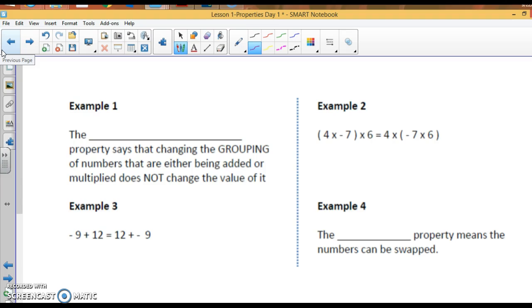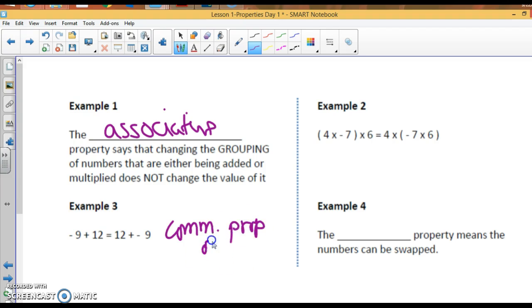The blank property says that changing the grouping of numbers that are either being added or multiplied does not change the value. That's the associative property. -9 plus 12 equals 12 plus -9. What changed from the left side to the right side? The order. This is the commutative property of addition.